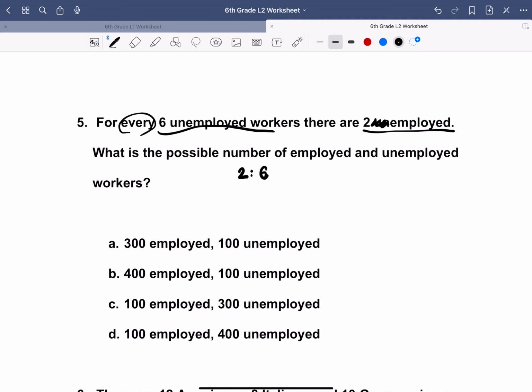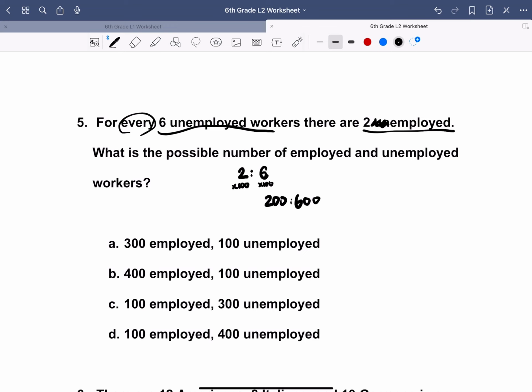And here everything's in the 300s, 400s, 100s. I'm going to actually use the 100s because they occur the most. So multiply this by 100. Also multiply this by 100. So we'll have 200 to 600.